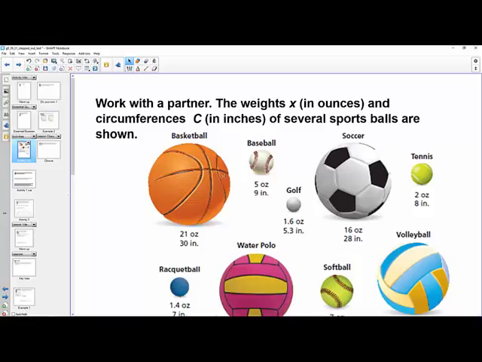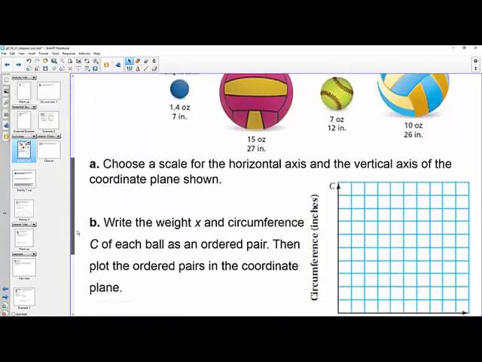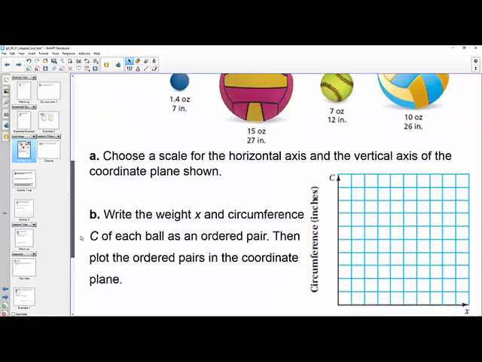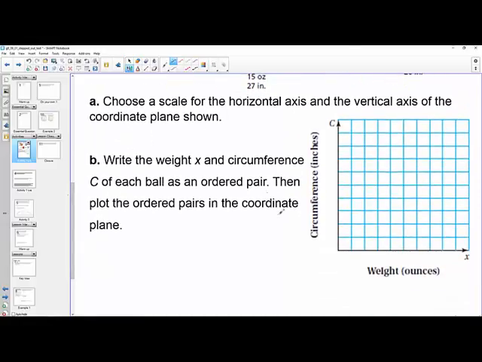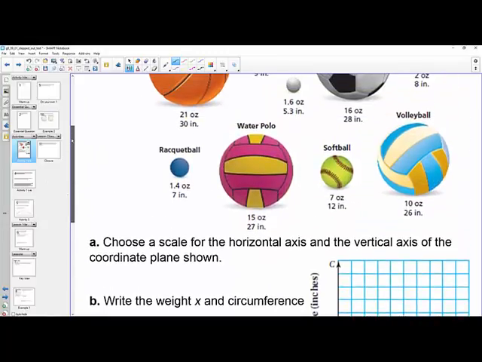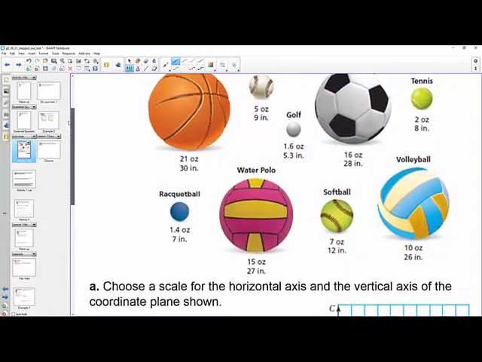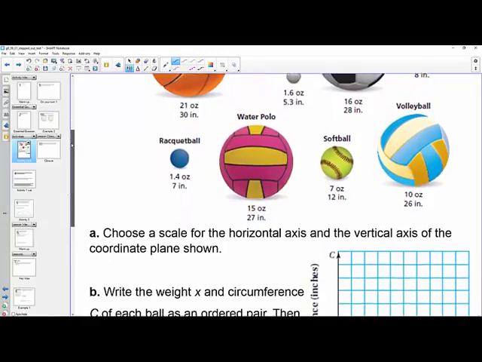So let's just plot these points. Again, I have my 2, 4, 6, 8, 10, 12, 14, 16, 18, and 20. And I don't have that 21, but I'm really close. And then my circumference, if I look here, it looks like the largest circumference that I have is 30.